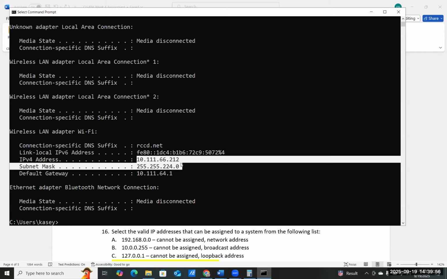It's 255, 255, 224. They subnetted. So it leans into other classes instead of using a default. Why? Because maybe they just have a lot of systems. Or maybe they want to design it with the subnet. So you do see subnets. So when you look at this, you already know that they created subnets for the IP, right?